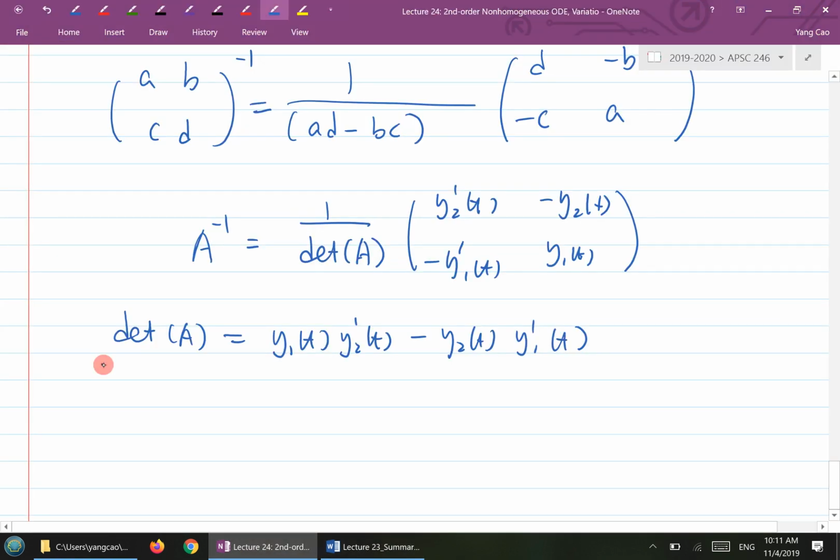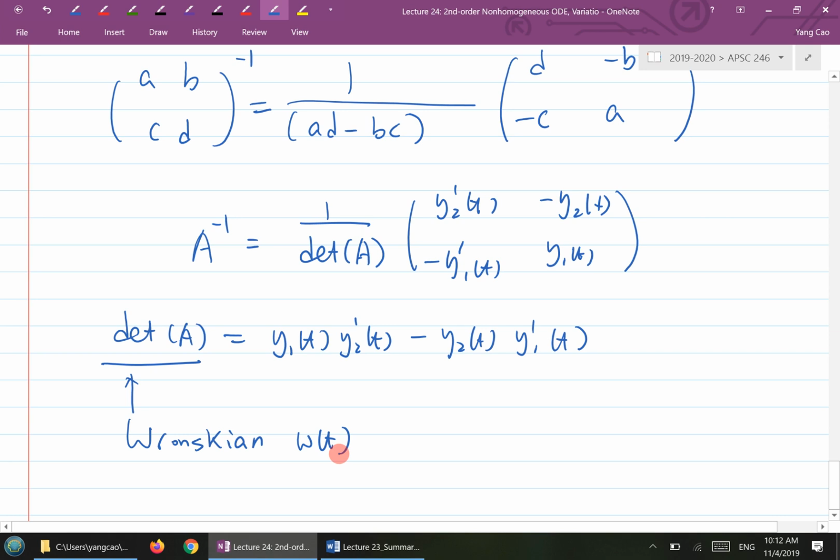Incidentally, this determinant is called the Wronskian. Sometimes we use W(t) to represent it. I mentioned a little bit about the Wronskian when we talked about linear independence and linear dependence.